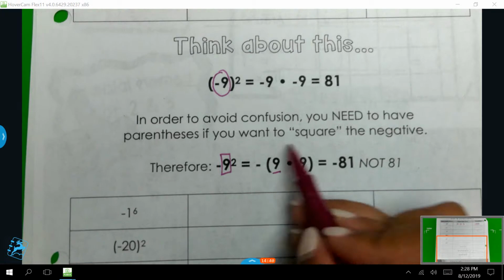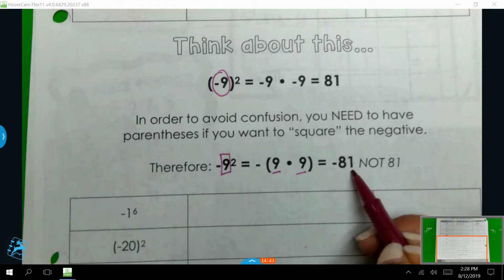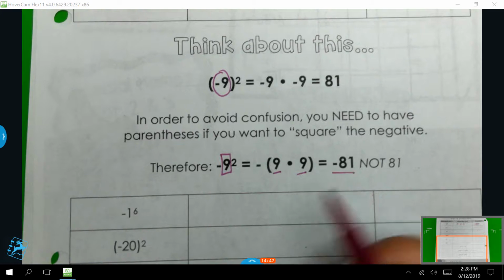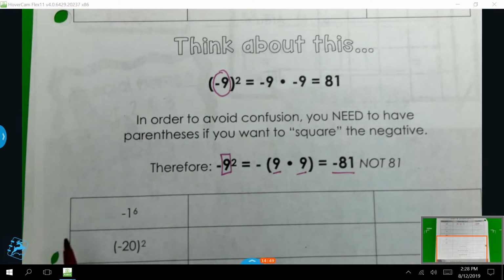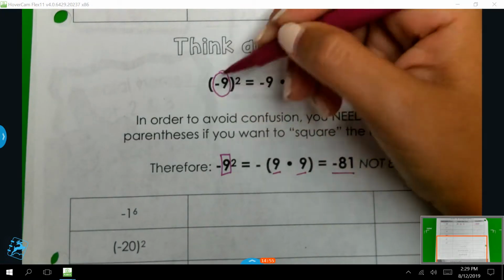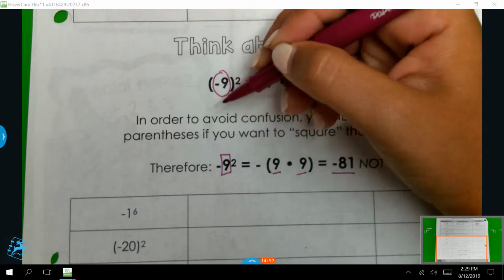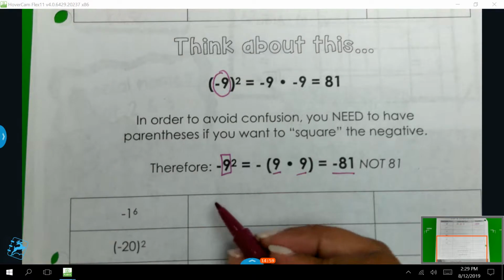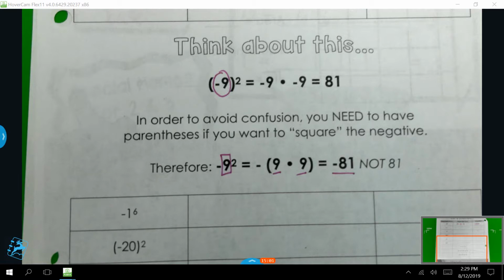So now you have 9 times 9, which is 81, but you can't forget about that negative that you pulled out front. So your final answer is -81. Does that make sense? If it's inside the parentheses, you are using everything inside those parentheses as your base. But if you don't have parentheses, that negative is not tied to that 9. It's just out front. So your base is just that positive 9. Okay?